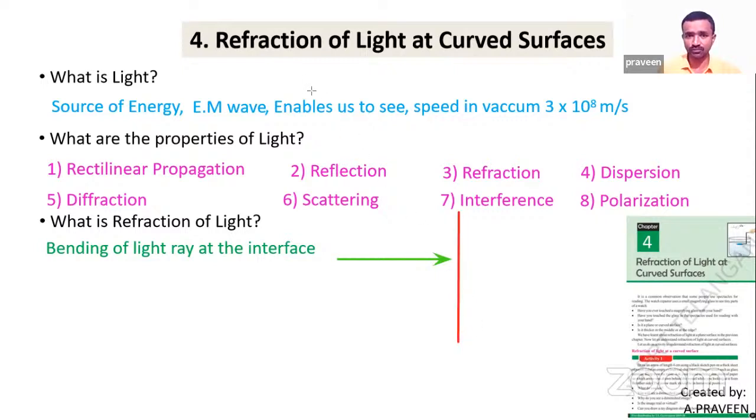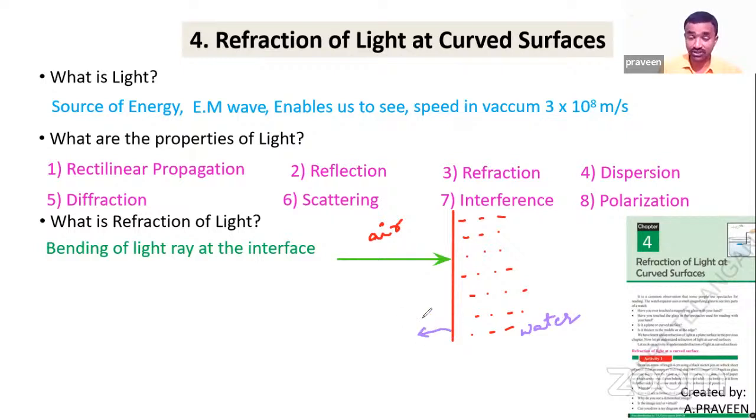Suppose this red line on the screen is an interface which separates two different media. On this side you have something like water, while the light is actually in the medium air, and now it is changing its medium into water. This very thin layer separating two different media is called an interface.